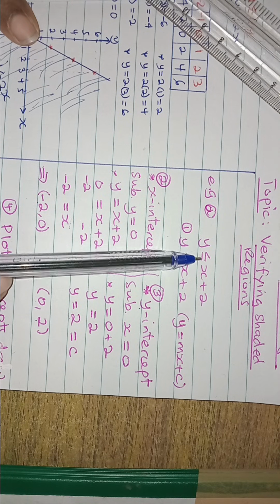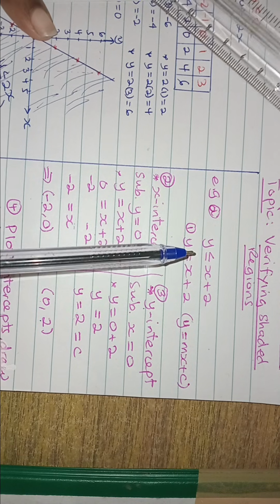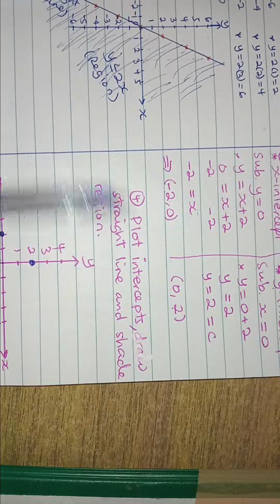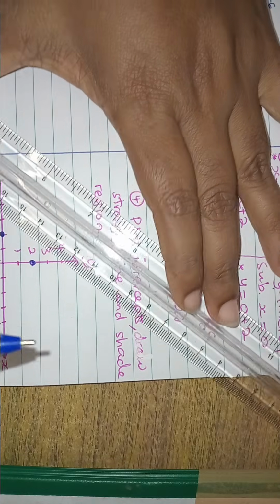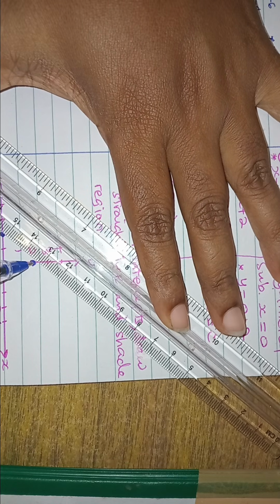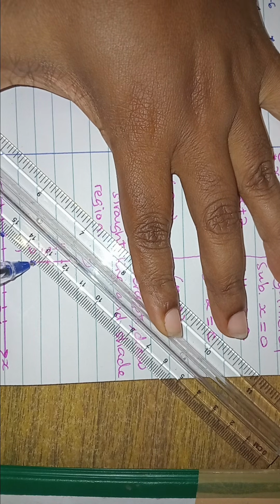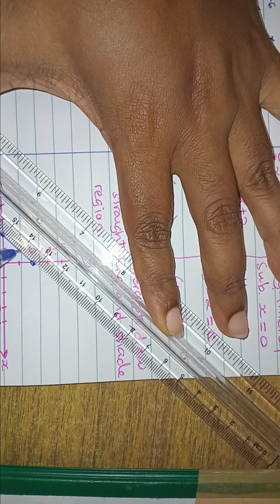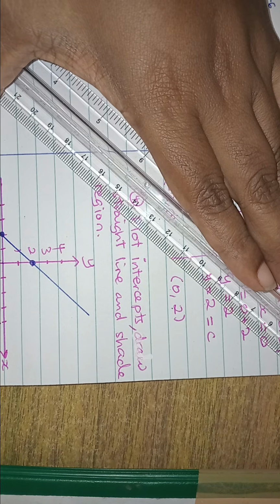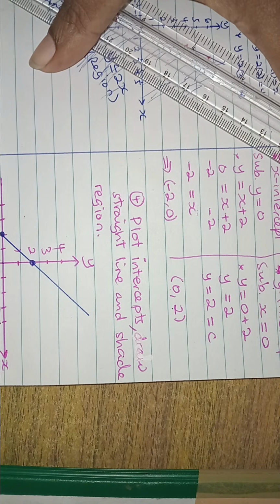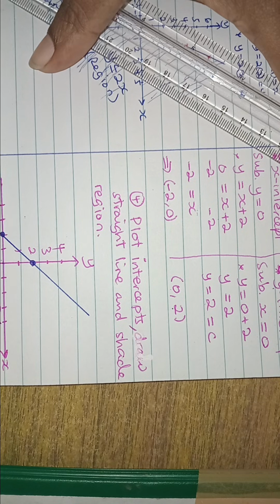Since the equal to sign is present, our line is a bold line, and so we just connect these 2 points and we have our straight line graph for the equation y equals x plus 2.